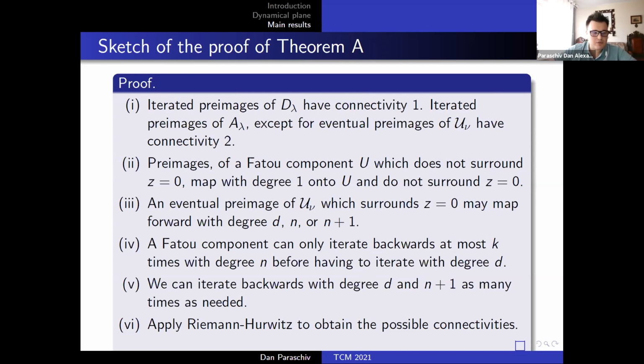This is a property which arises from the Blaschke conjugation and tells us that the Fatou components which do not surround z equal to 0 cannot increase the achievable connectivity while iterating backwards. Now, eventual preimages of U sub nu which surround z equal to 0 may map forward with degree d, n, or n plus 1.